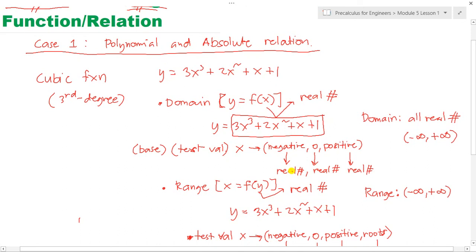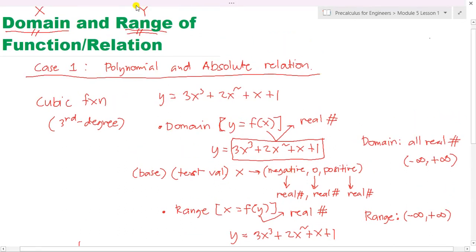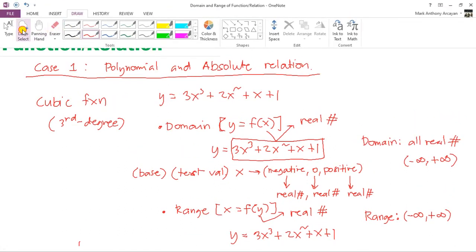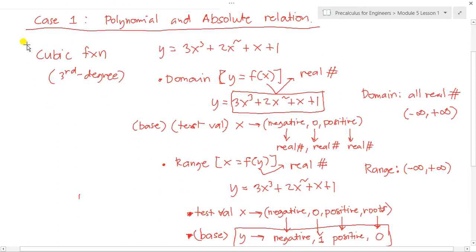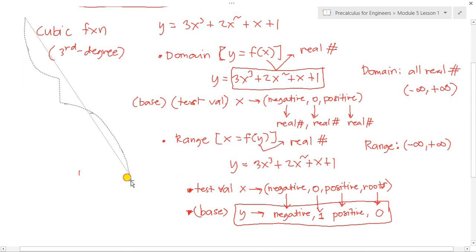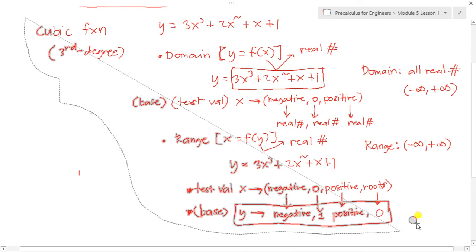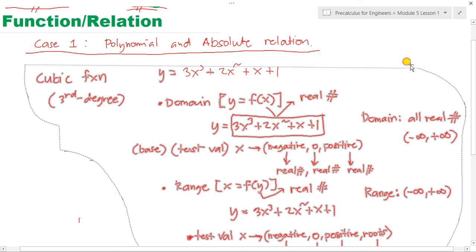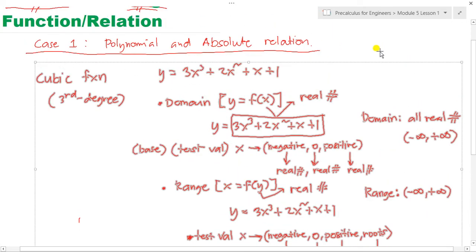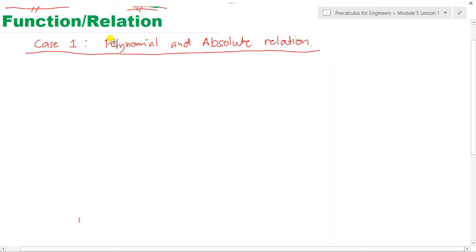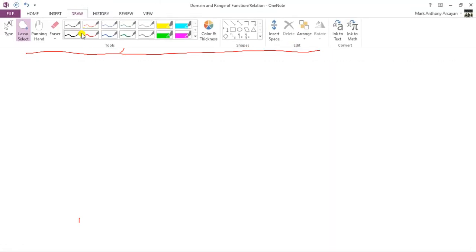Okay, so let's proceed to the next. Trinomial or multinomial?